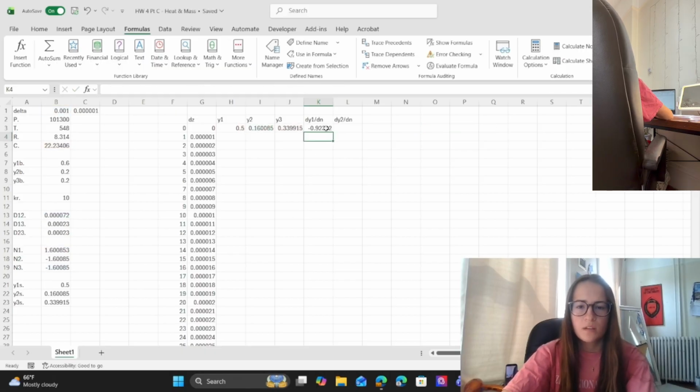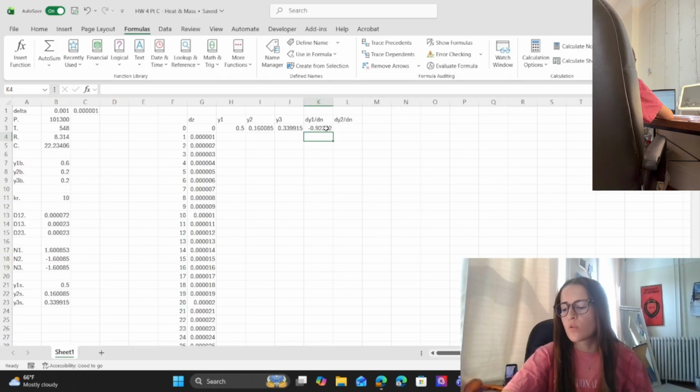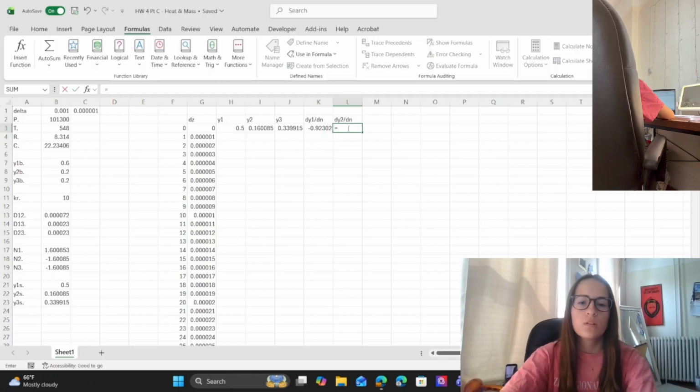All right. So this is what we have for our driving force of 1, and then we'll do the same equation for y2, but slightly different numbers.